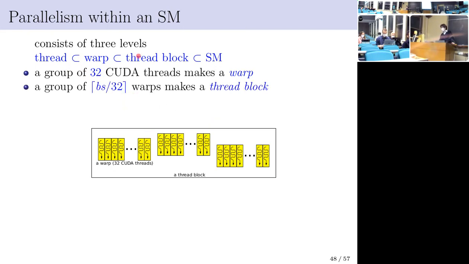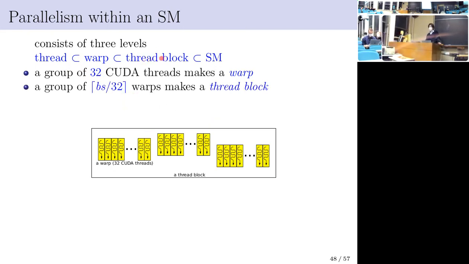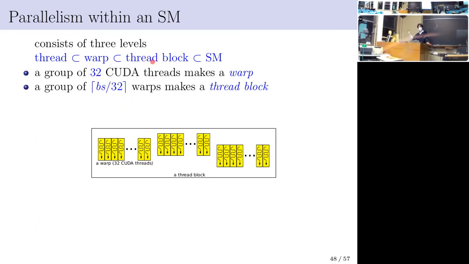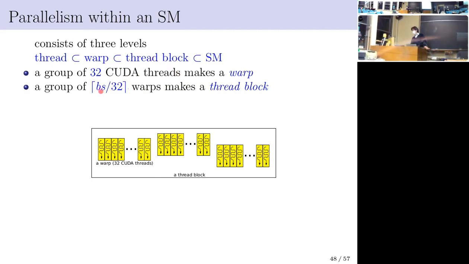And remember that what you specified is the size of the thread block. The thread block is the next level above the warp. For example, when you specify the thread block size to be, let's say, 60, the GPU divides this 60 by the warp size and calculates the number of warps that make a single thread block. 60 divided by 32 is something like 1 point something, right?